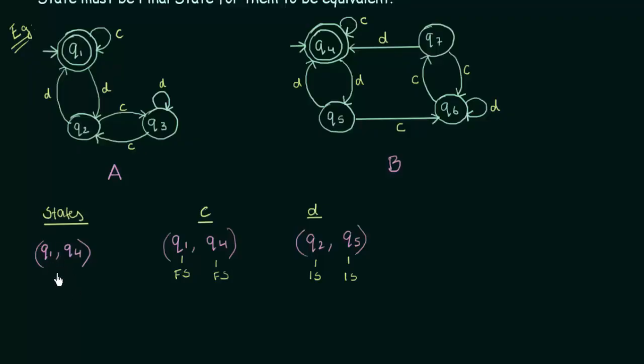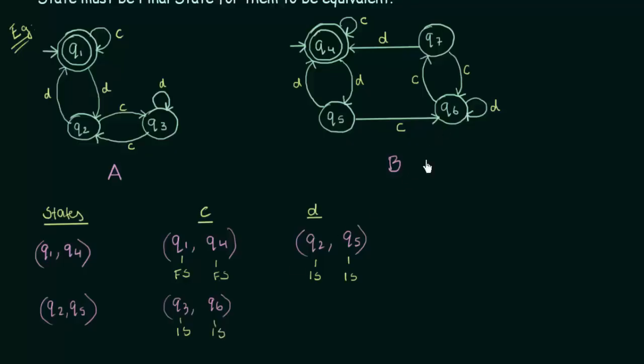Alright, now let's check the pair Q2 and Q5. Q2 on input C goes to Q3, and Q5 on input C goes to Q6. You can check it in the diagram. Q3 is an intermediate state and Q6 is also an intermediate state.